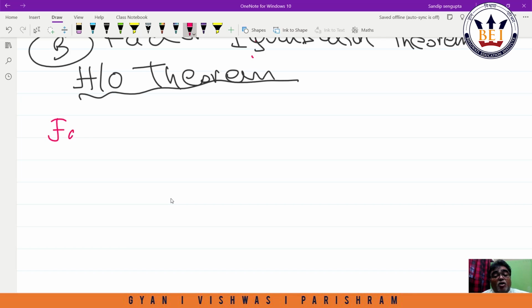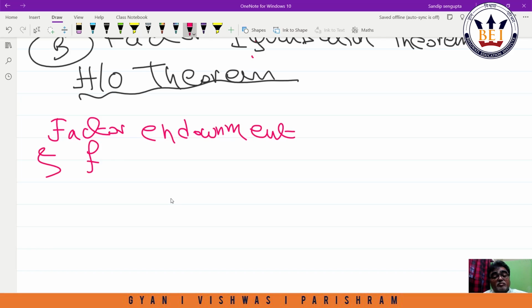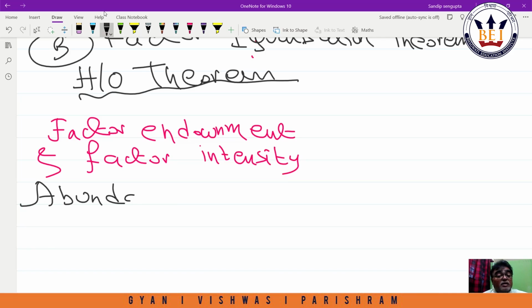It is dependent on factor endowment and factor intensity. So what is factor endowment? Means abundant. What is factor intensity? Means efficiency.